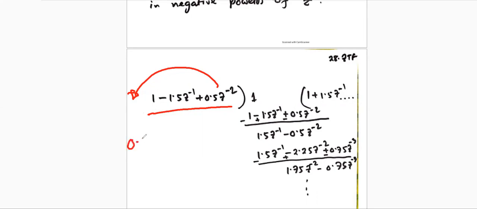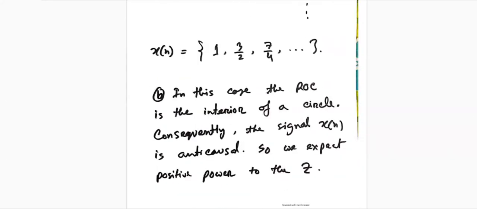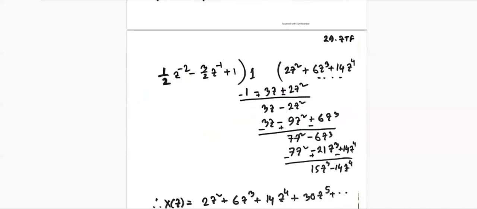So that is 0.5 z to the power -2 minus 1.5 z to the power -1 plus 1, divided by 1. That's what we have done here: half z to the power -2 minus 1.5 z to the power -1 plus 1, divided by 1. And if you go through, you will find this expression.